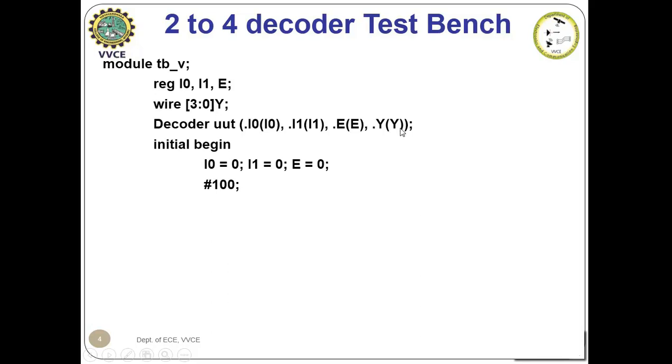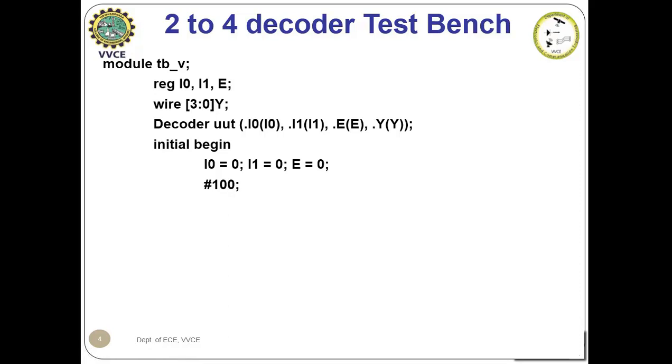After calling the decoder or module under test, the next thing is I need to give the initial values to the inputs. For that I'll be using the keyword initial, then begin. I'll be initializing I0, I1 and E to 0. After initializing all 3 inputs to 0, I'll give a delay of 10 units.